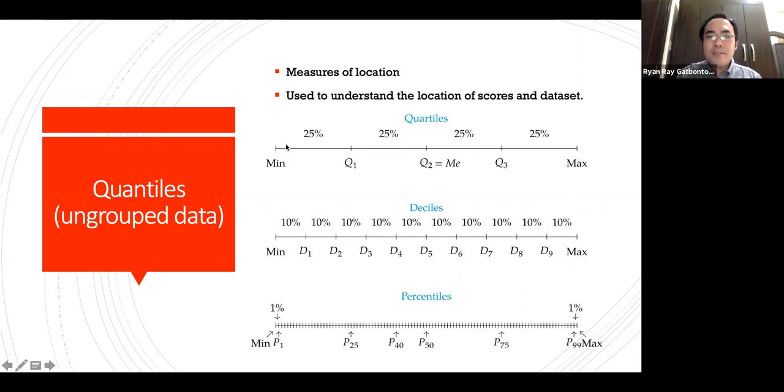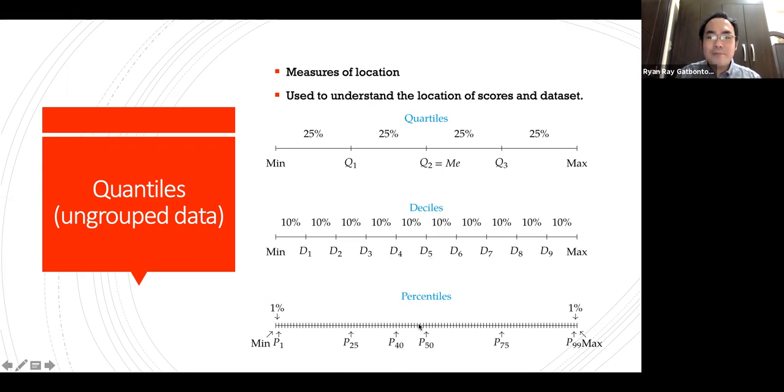Now, this talks about the location of your data in an array. This is like looking into your median, but you're looking into some parts of that data. Always remember that the median is the middle value. So we can say that the second quartile is equal to the median. The fifth decile, being at the middle, is also equal to your median.